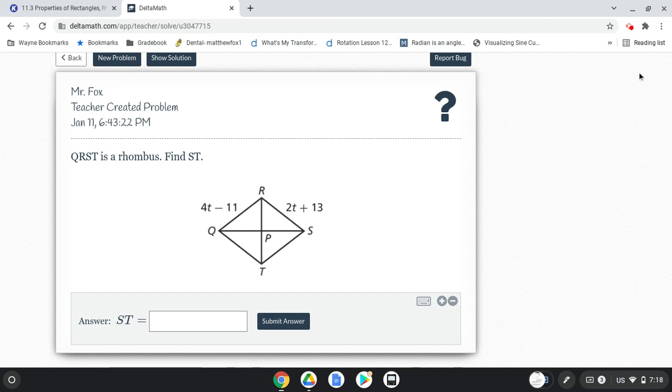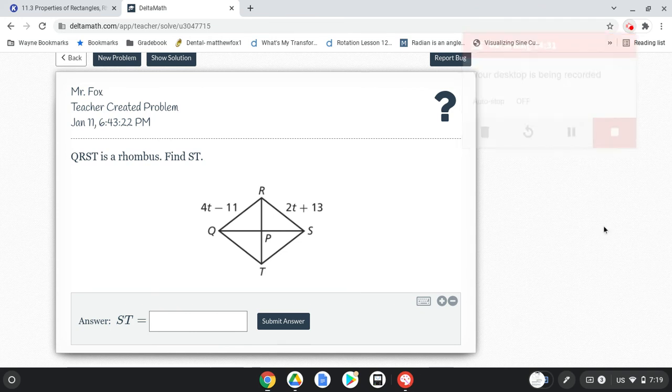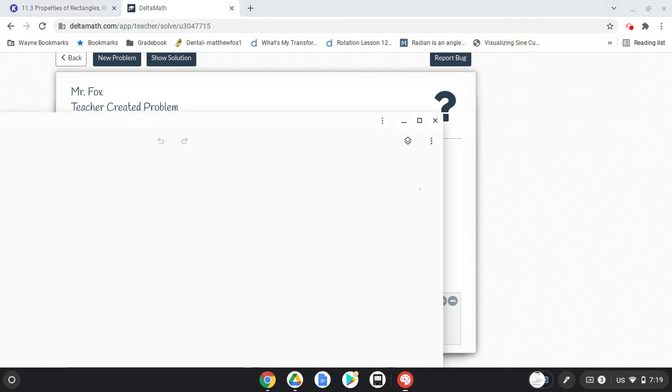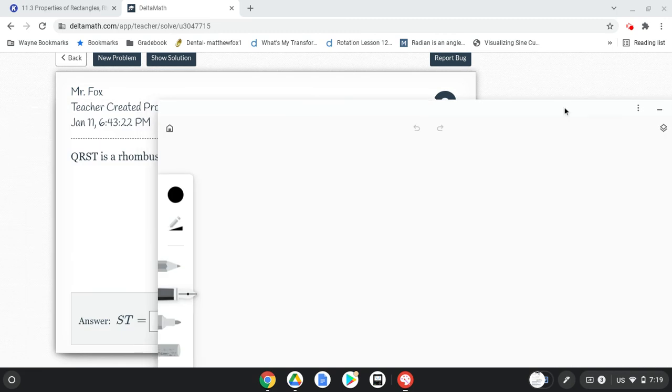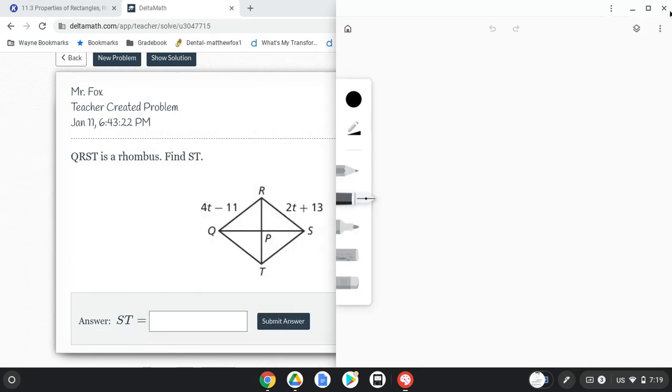Subtract that, and you will give me 1 second to pull up. All right, so as I pull up this canvas here, sorry, I can just use that to solve. So we said we know that 4t minus 11 has to equal 2t plus 13.